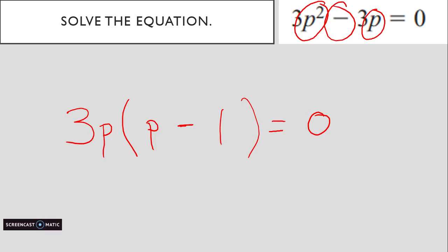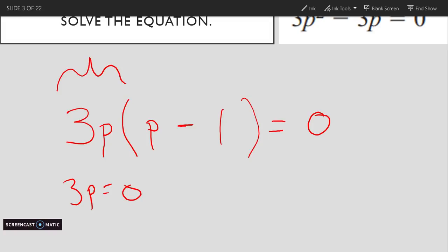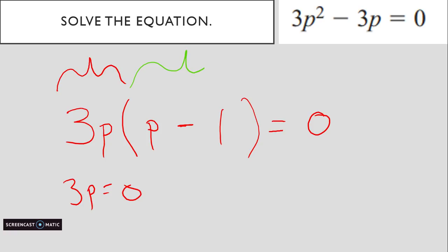So we're going to keep that subtraction sign. And so we got 3p equals 0. That's one option. This could be 0. Or remember, our other option is that the second part could be 0. And so we have to solve for both because they're both possible solutions. p minus 1 could be 0, and 3p could be 0.